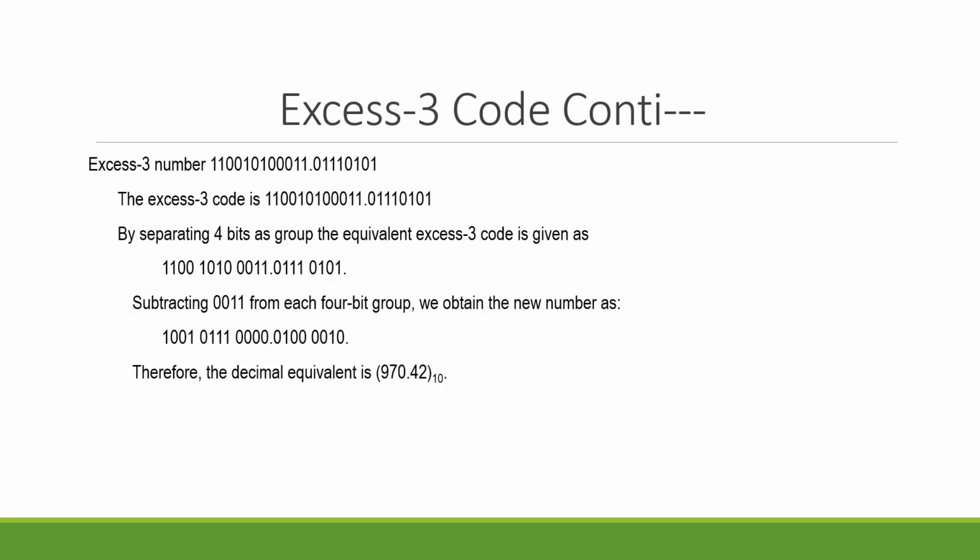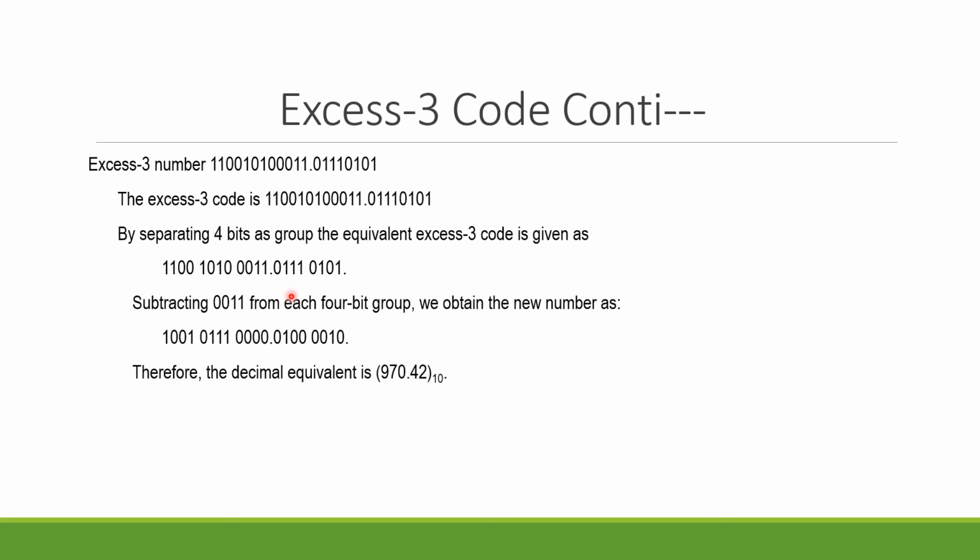Now we'll see, if we have an XS3 code and we are going to convert it into the decimal number, what we are again going to do. First of all, we separate these binary bits into groups of 4.